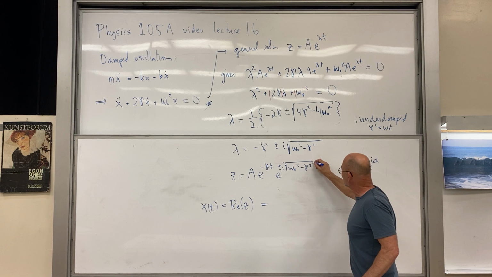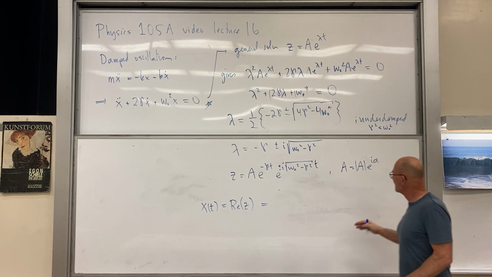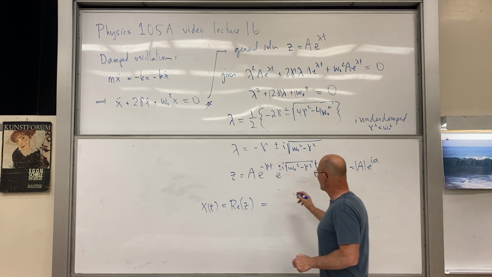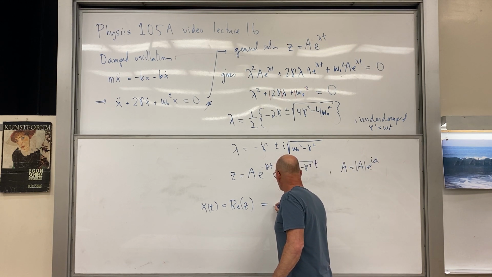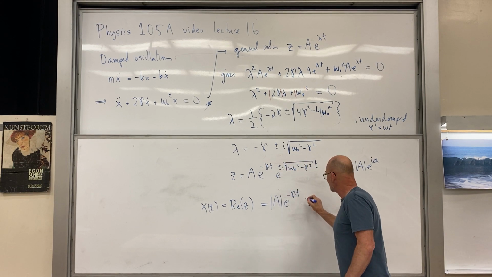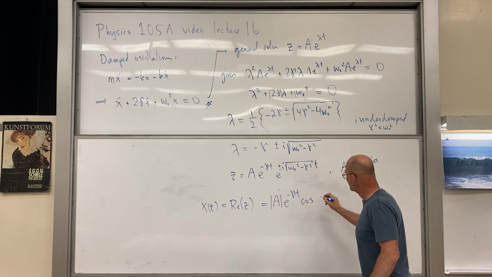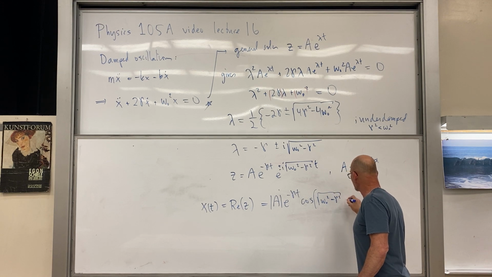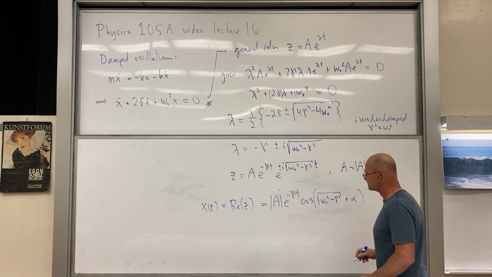Forget the t right here. The e to the i alpha will not be multiplied by t, so we end up with magnitude of A e to the minus gamma t cosine of root omega naught squared minus gamma squared times t plus alpha.